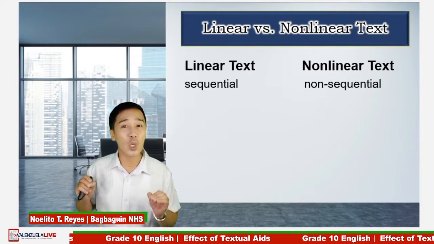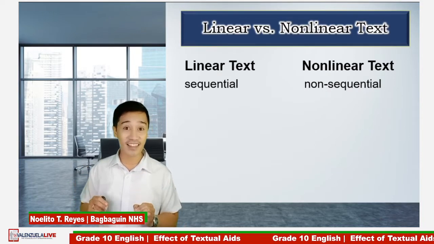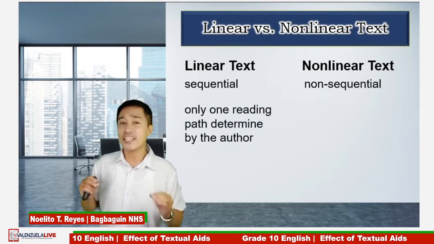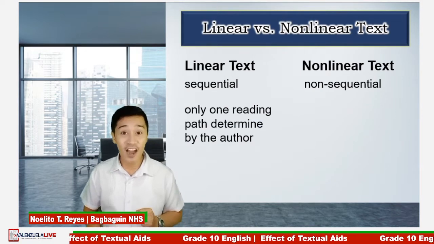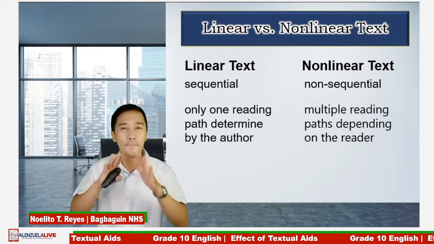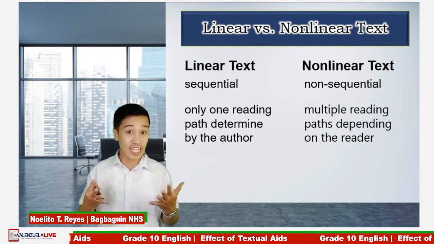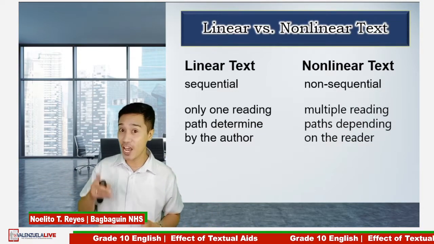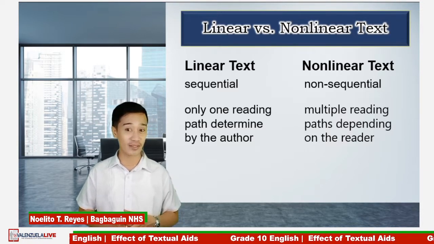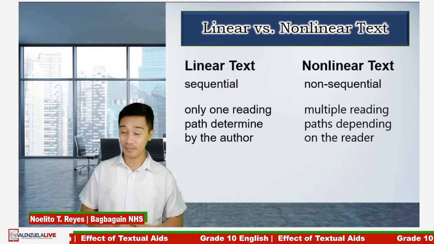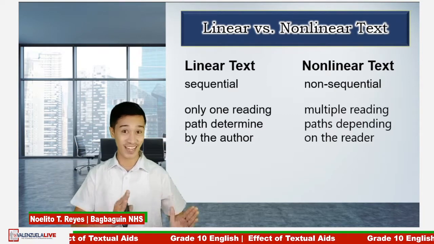Thus, there is only one reading path in linear text, which is determined by the author. However, non-linear text can have multiple reading paths depending on the readers. You can read it in any way you want, whether begin from bottom to top or sideways.